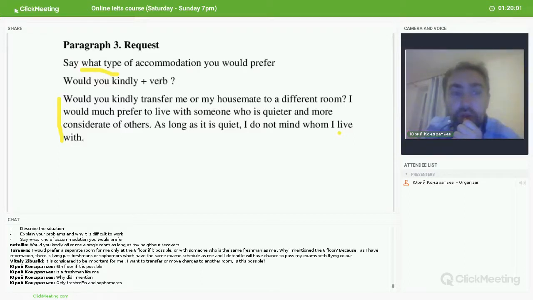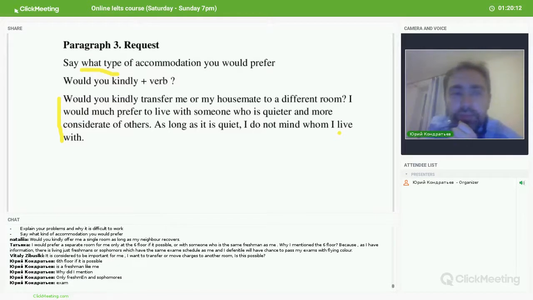So only freshmen and sophomores live there, which have the same exact exam schedule. Okay, exam is spelled like this.